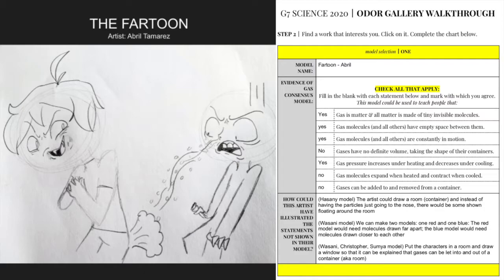We'll put a hard no right here because we have all these modifications. So we put the characters in a room and draw a window so that it can be explained that gases can be let into and out of a container, aka room.